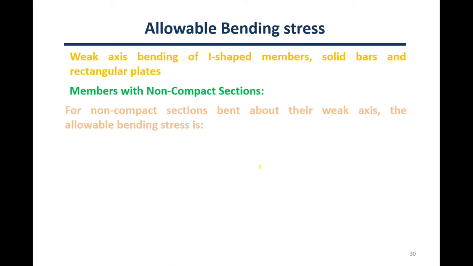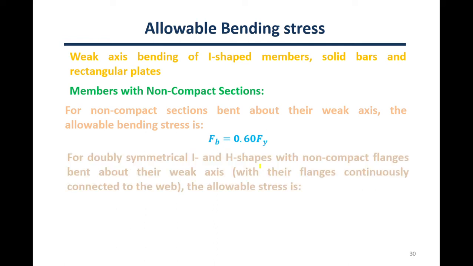For members with non-compact sections bent about their weak axis, the allowable bending stress is FB equal to 0.6 of Fy. So yun ang gagamitin natin.